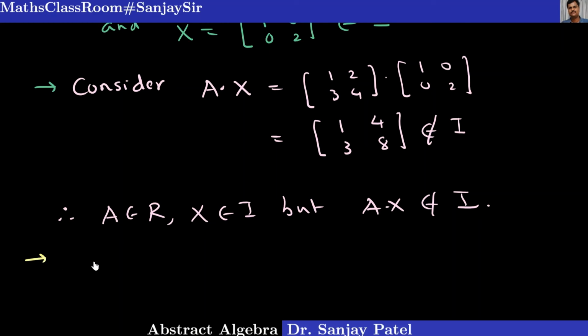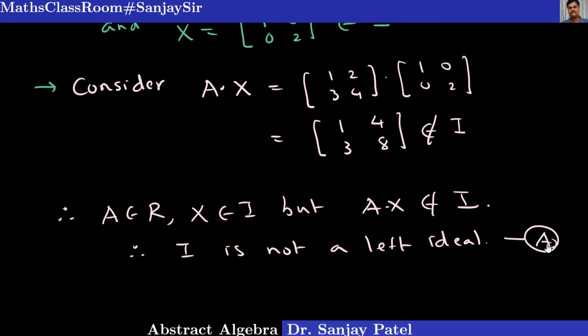Let me write the conclusion first. This means I is not a left ideal, because that left ideal condition is not satisfied. So this is my first result.